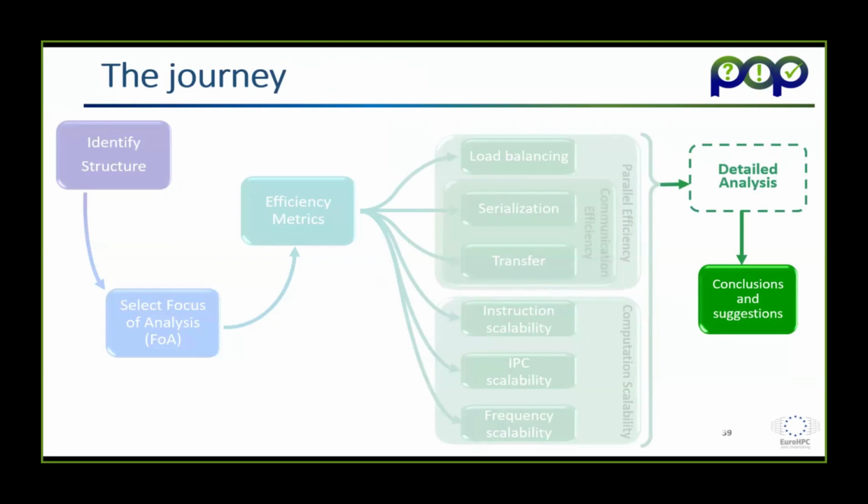So the important thing is, for each one of the metrics, to understand what is causing that. And from that detailed analysis is when we can give the conclusions and suggestions to the user, saying, for example, you have a load imbalance issue here that is being caused by the number of instructions that you are giving to each one of the processes.